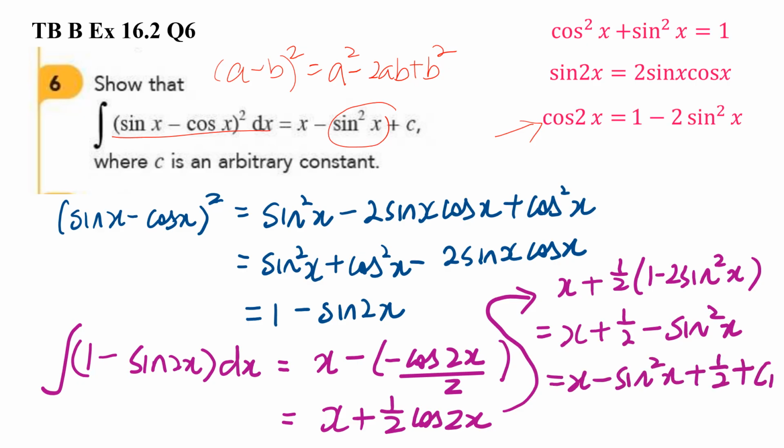Alright, and because I'm integrating an indefinite integral, I need to add plus c1, and I have a constant half and another constant c1, so I'm just going to group these two constants as c, where c is just an arbitrary constant.